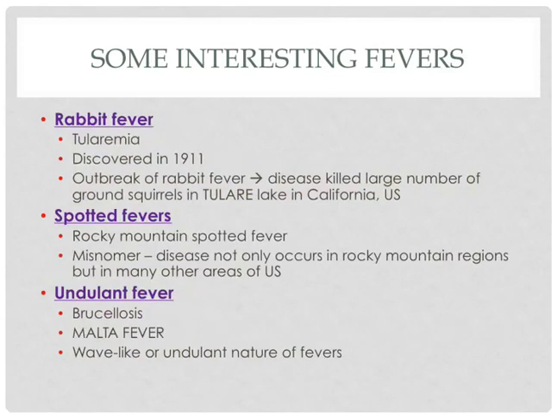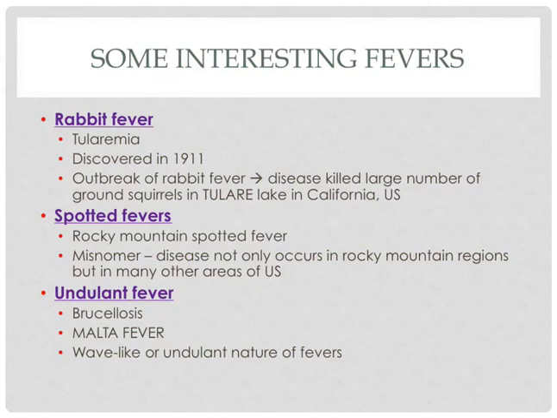Rabbit fever, tularemia, makes sense. Actually, it's called tularemia because this disease killed a large number of ground squirrels in Tulare Lake in California back in 1911. Spotted fevers, it's a misnomer. We know that it's not just in Rocky Mountain, it's in other parts of the US as well.